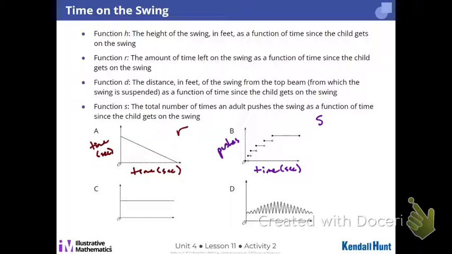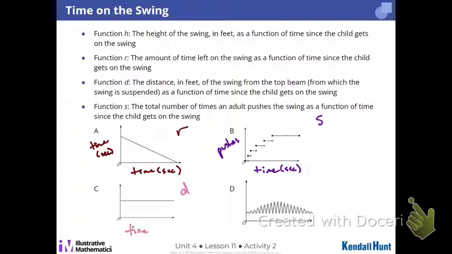All right, C. Let's go with this color. Meredith, which one did you match C with? I think it was the distance from the swing. I think it was the distance from the beam. From the beam, which is D, yeah. Because if that swing is swinging, right, and you got the rope going down to the swing, kind of like the radius of a circle, it's always going to stay the same from the beam.